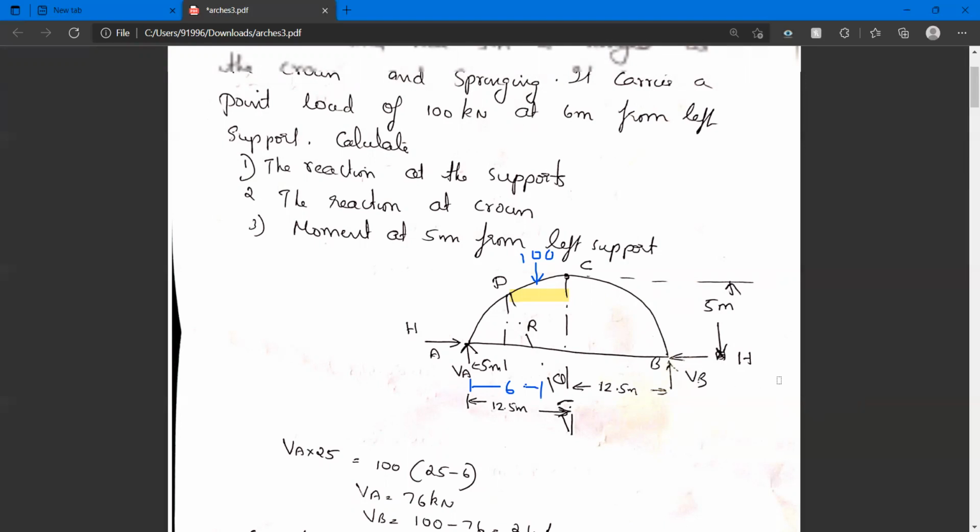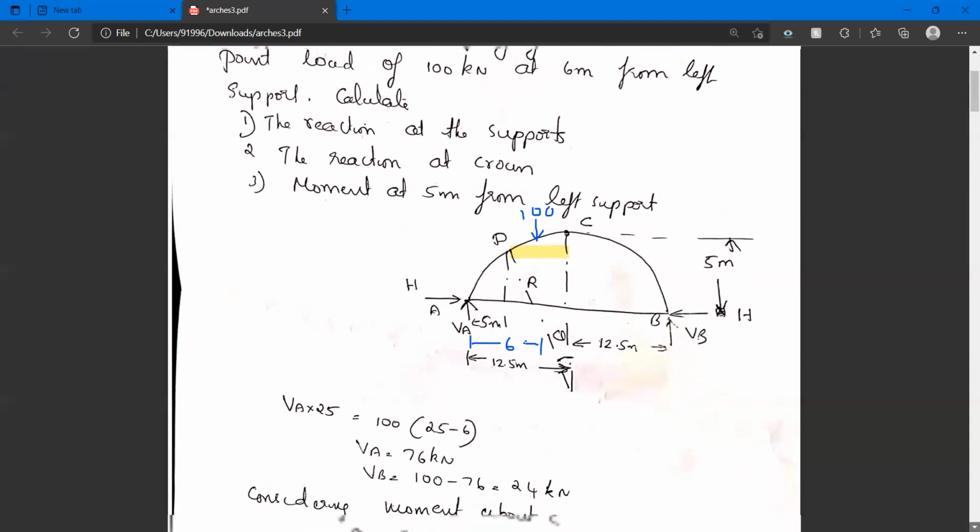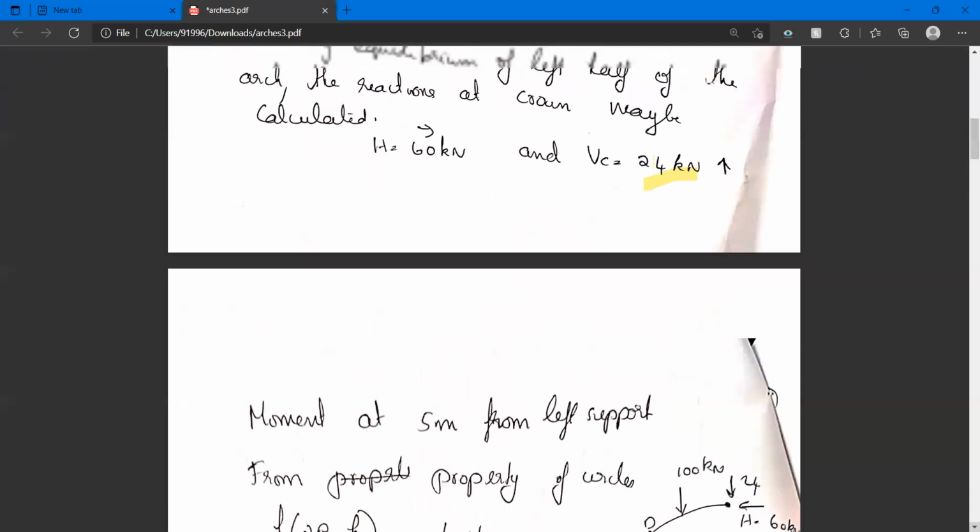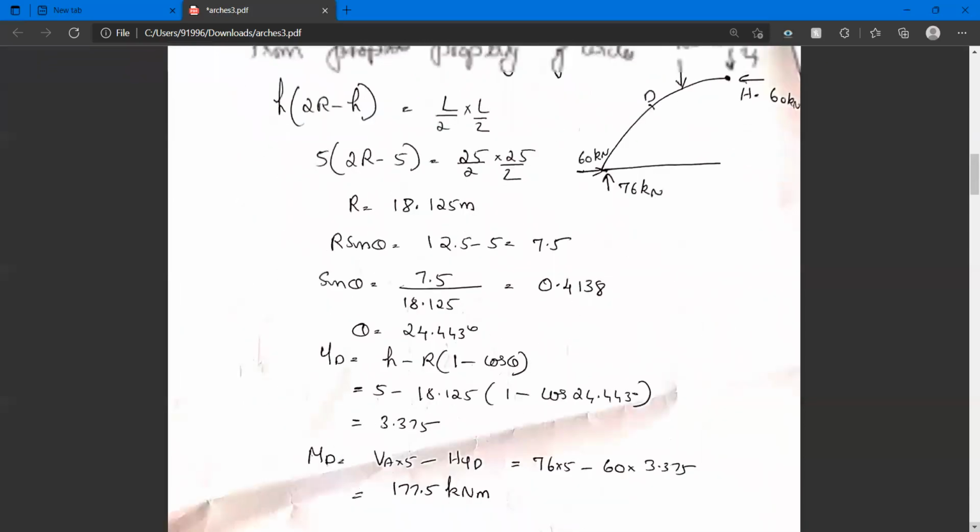And how much is that? R sine theta is equal to 12.5 minus 5, which is equal to 7.5. So from that, since we know R, we can find out sine theta. Once you find sine theta, you can find theta.